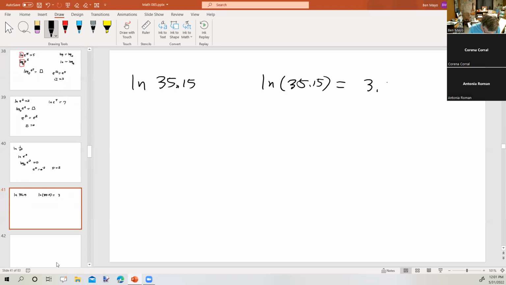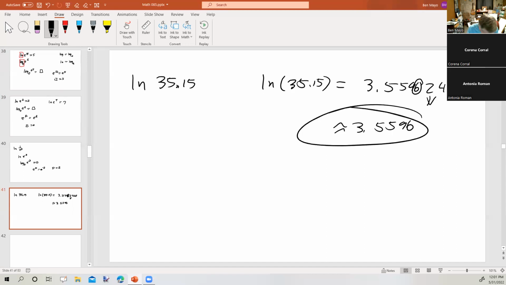And it's 3.559624618. We're going to round to 4 decimal places. So right there, the 2 would round down. So 3.5596 would be the correct answer. Okay. Nice. Yes.